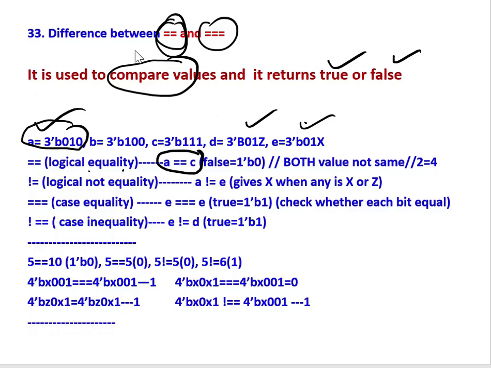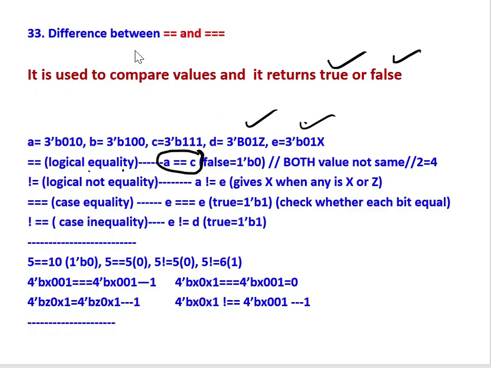If you write double equal to, if both values are the same, then it returns true. But here a equal to 2 and c equal to 7, so both are not the same, so it will give you false here. The next one is logical not equal to.